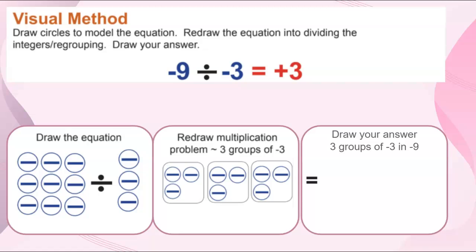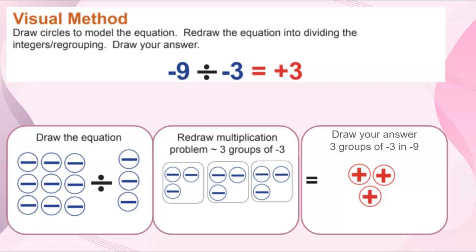Since I had 3 groups of -3 to get -9, or basically broke -9 into 3 groups of -3, that means that my answer is +3 to represent the number of groups that I had formed. So -9 divided by -3 equals +3.